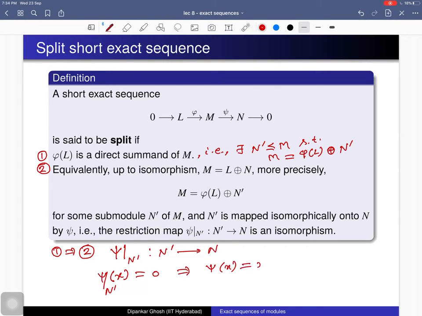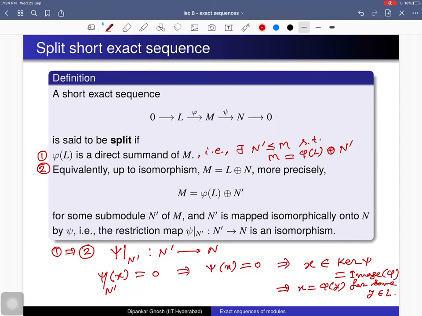Therefore, x is in the kernel of psi, but you started with a short exact sequence, so the kernel of this map is the same as the image of phi. Therefore, x is just phi of y for some y belonging to L.